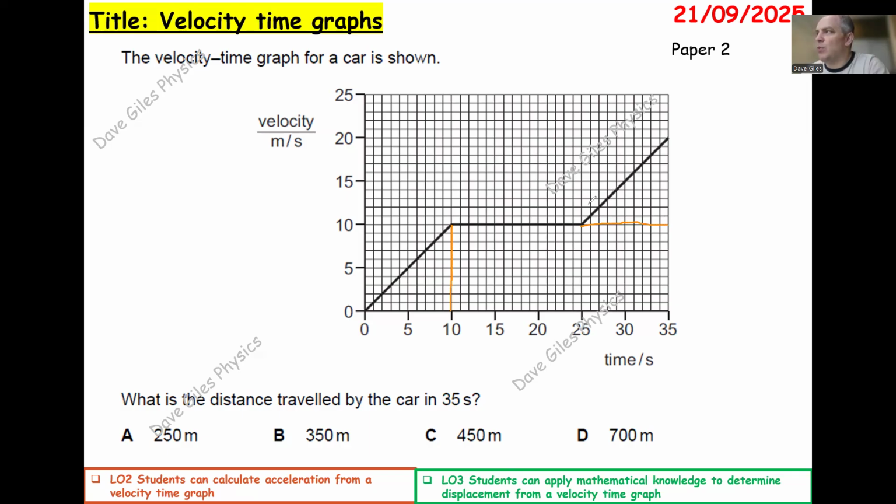I'm using a mouse on my hand here, so it's not the neatest in the world. So this here is a triangle, half the base. So half 10 is 5 times the height of 10, so that's 50 meters. This is 10 to 35, so that's 25 times 10, which is 250.